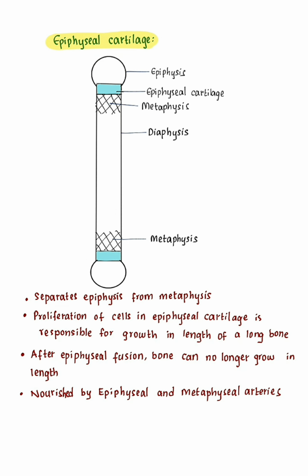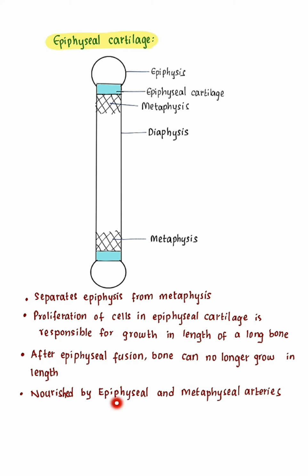Epiphyseal cartilage. It separates epiphysis from metaphysis. Proliferation of cells in the epiphyseal cartilage is responsible for growth in length of a long bone. After epiphyseal fusion, bone can no longer grow in length.